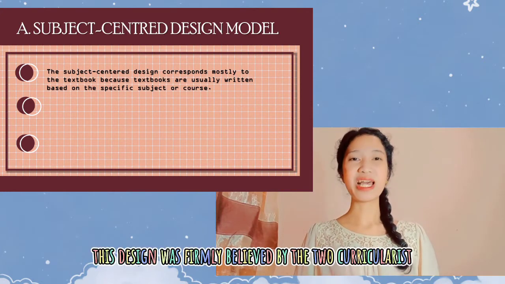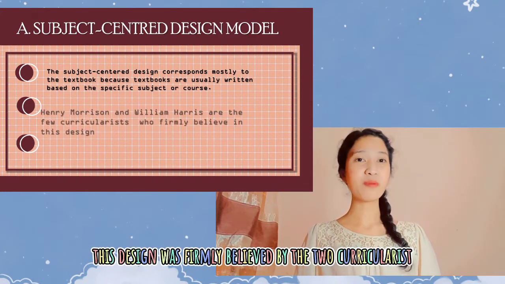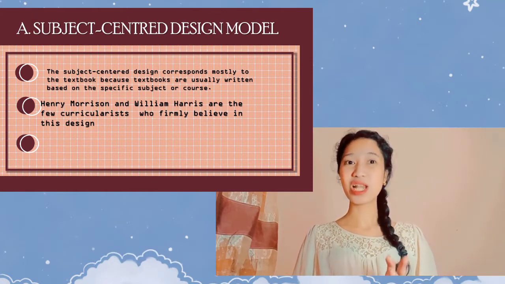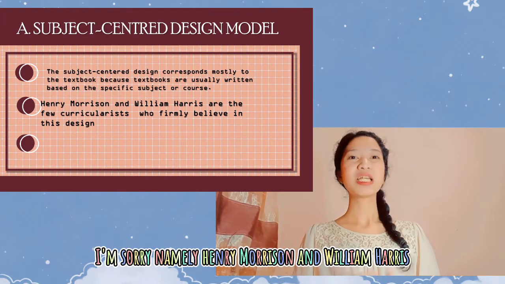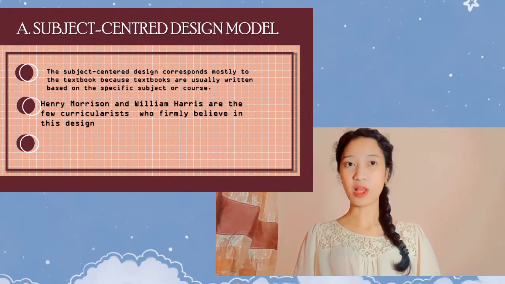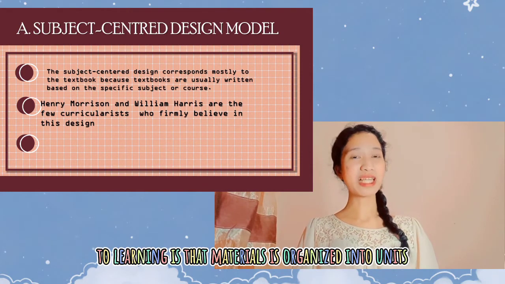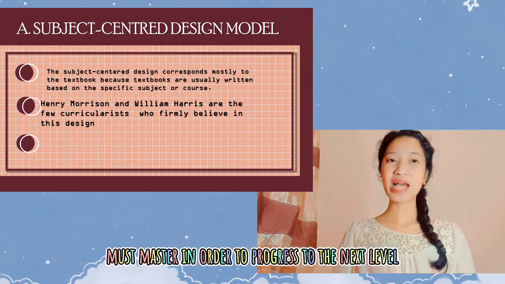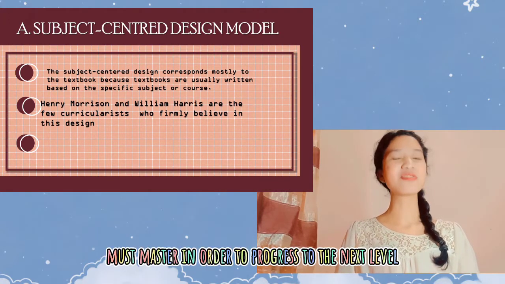So much for that, this design was firmly believed by two curricularists, namely Henry Morrison and William Harris. Henry Morrison was an approach developer. His approach to learning is that materials are organized into units that students must master in order to progress to the next level.